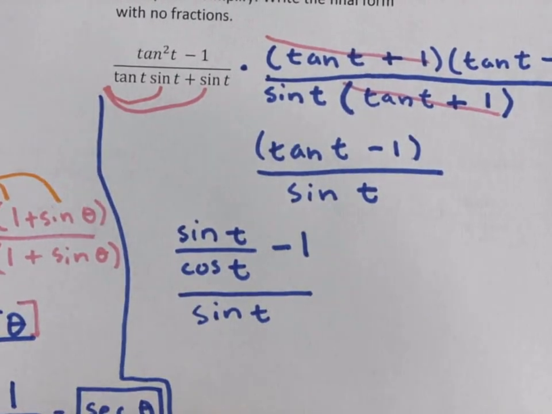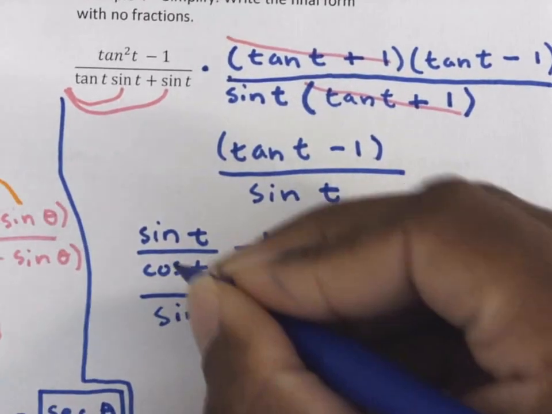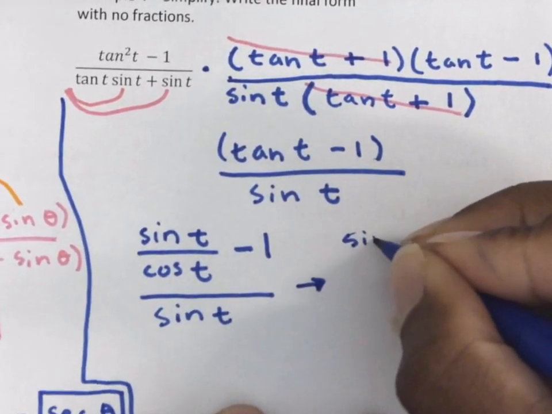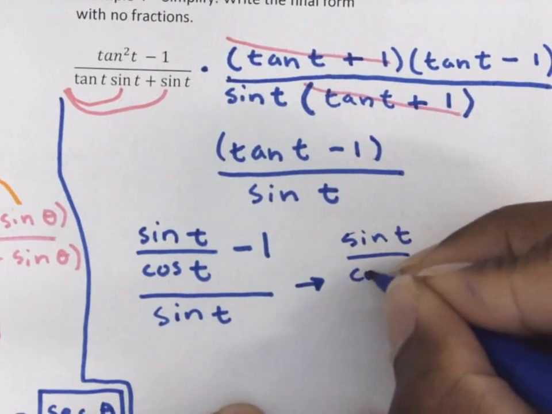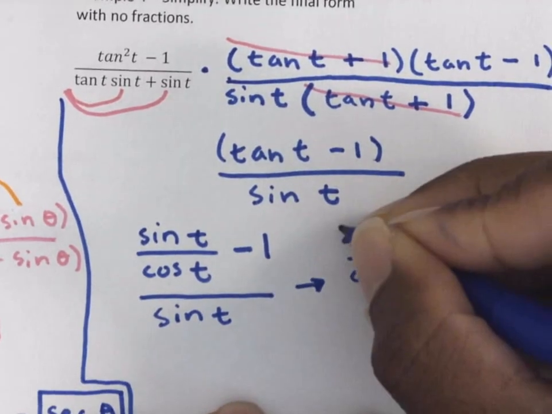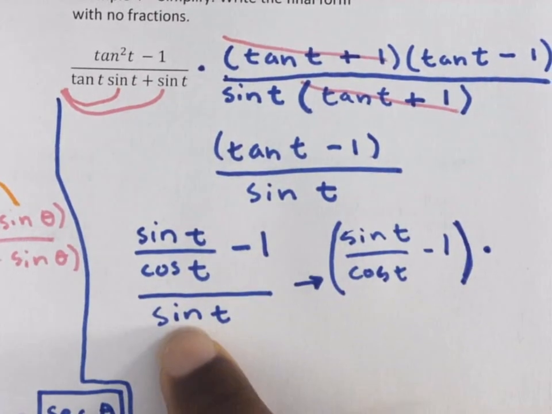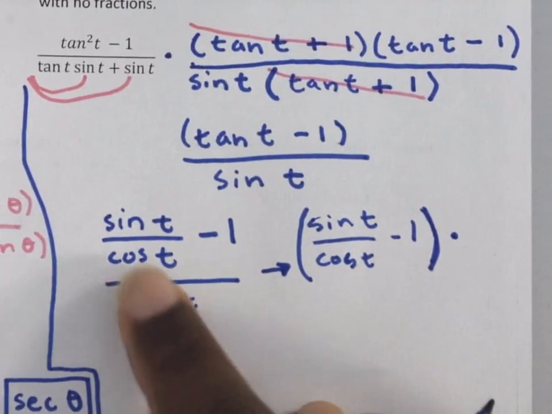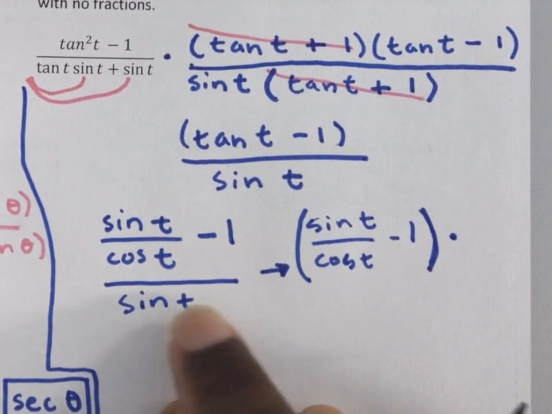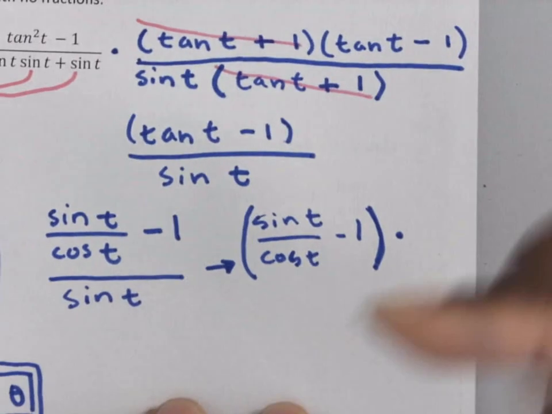Eventually, that's going to happen. I'm going to keep what I got on top, sine t over cosine t minus 1, and that's stuck together for now. I'm dividing by sine of t, so I'll multiply by the reciprocal, 1 over sine of t, which is the same as dividing by it.